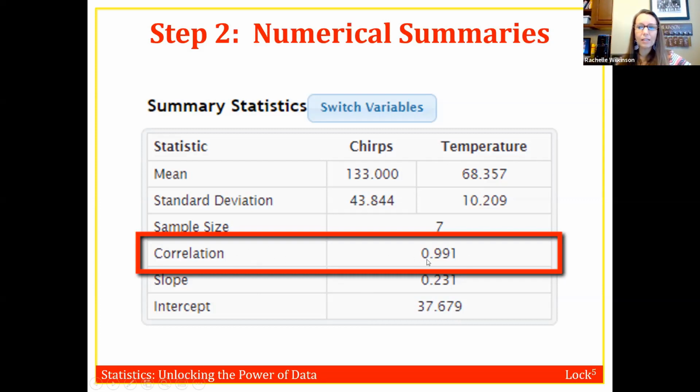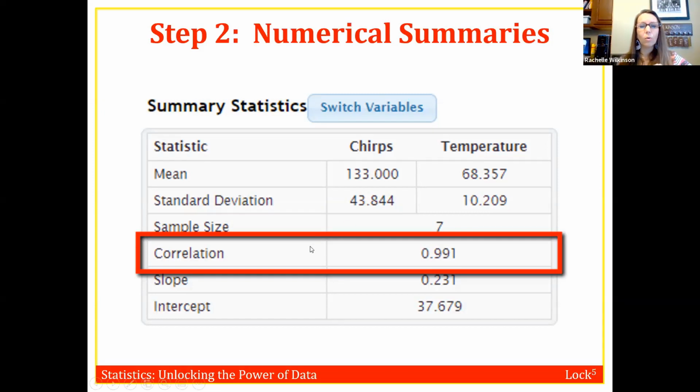So for this data, it tells us that the correlation is 0.991. And 0.991 is super close to 1, which, just like we saw in the graph, indicates we have a very strong positive linear relationship between chirp rate and temperature outside.